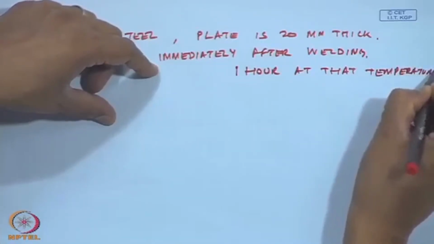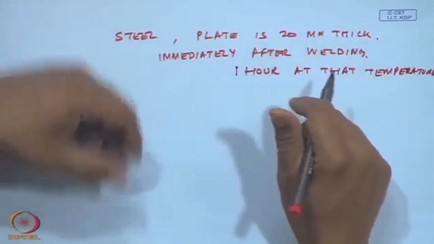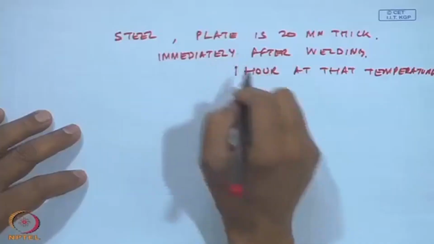That means you should not cool it suddenly. If you quench it in a cold bath, there will be a brittle surface on the top, it will harden and then it will crack. Okay. So, we have to always hold it.